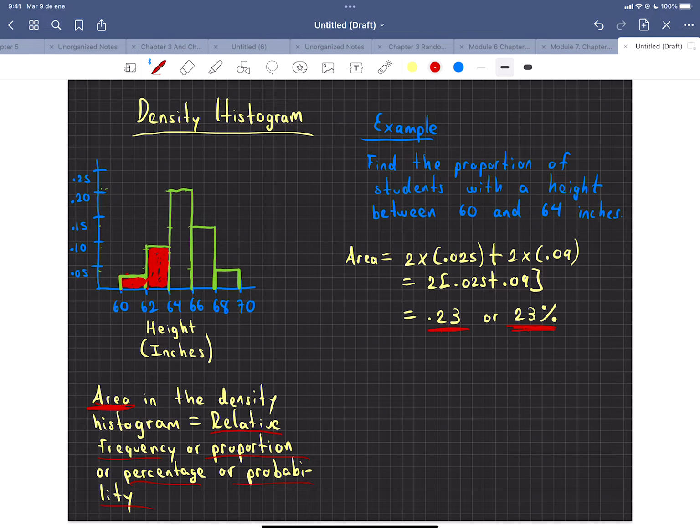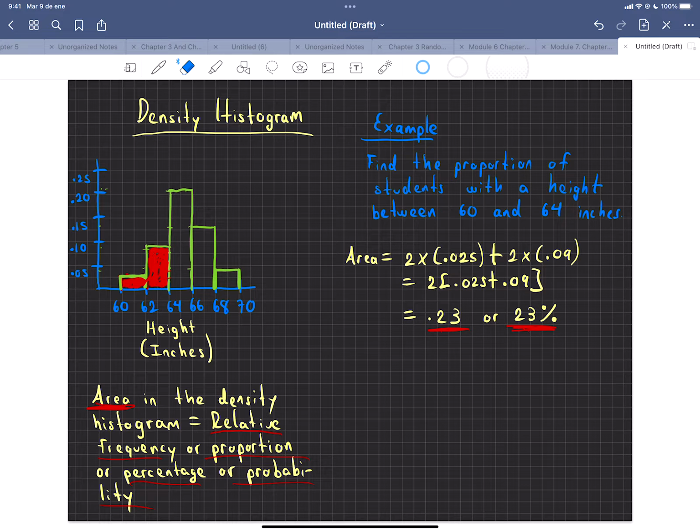You can do this for any other region, right? The purpose of this is that computing probabilities, proportions, or percentages is equivalent to computing the area of the rectangles. That is the key. Graphically computing areas with the density histogram is the same as computing proportions, probabilities, or percentages.